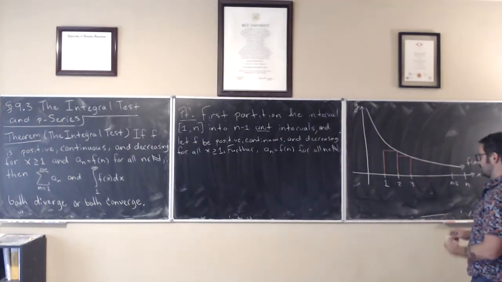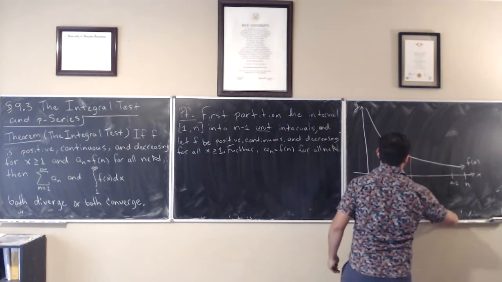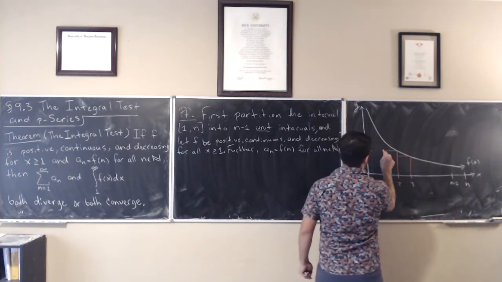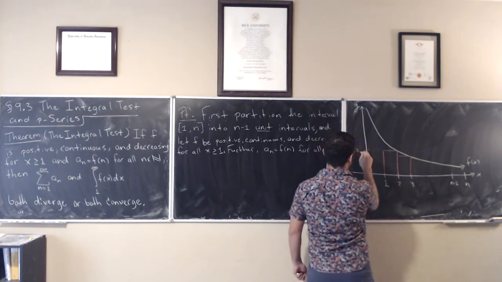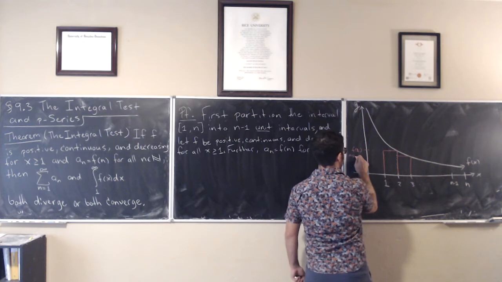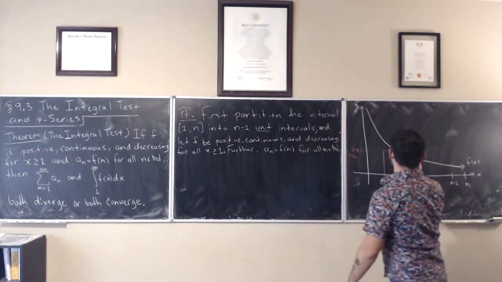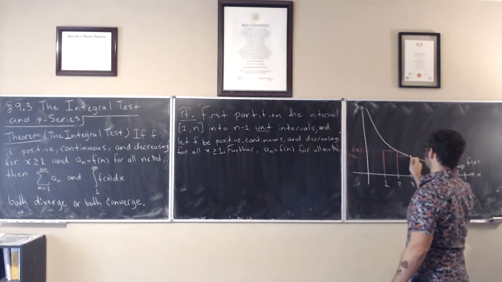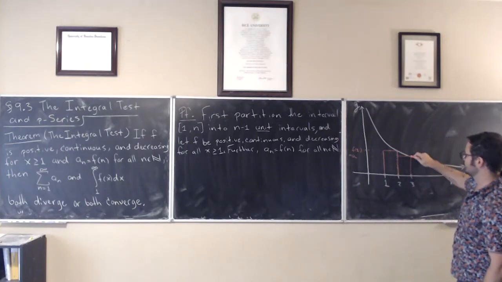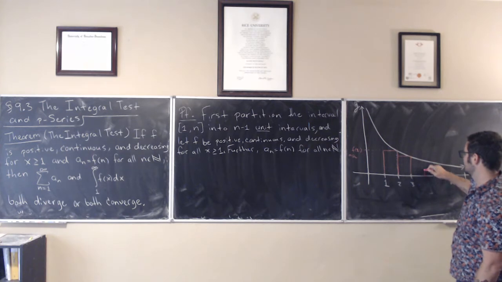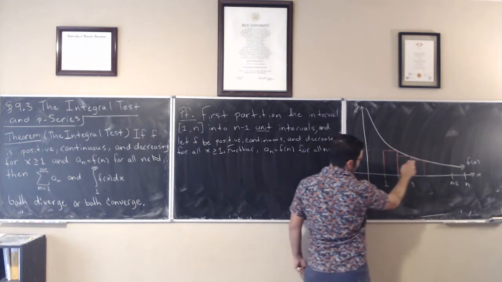These are the integers here, right? And this height here, that height right there is f of 2. But we know that equals a sub 2 because we're assuming this as well. So f of 2 is right there, f of 3 is right there, f of 4 would be right there, and so forth and so on.